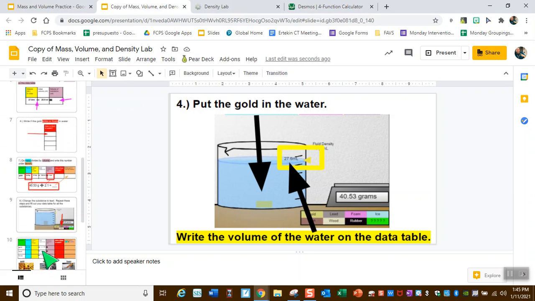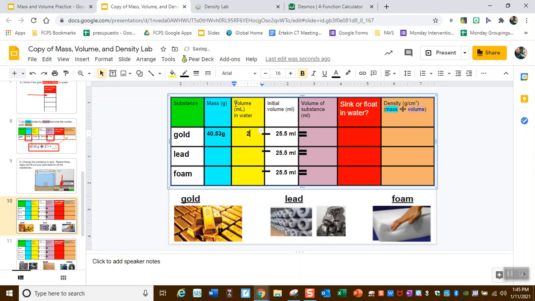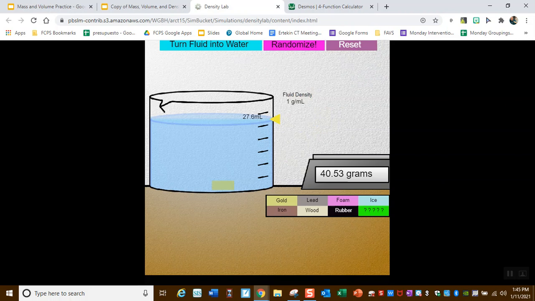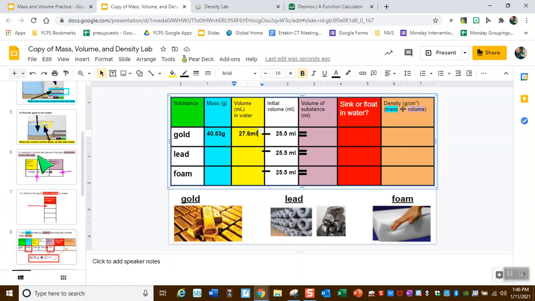So, go back to your data table. And in the yellow column, you are going to write 27.6 milliliters. This number goes in the yellow column. Make sure you copy this with me.